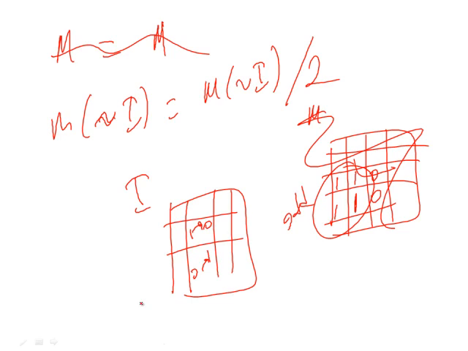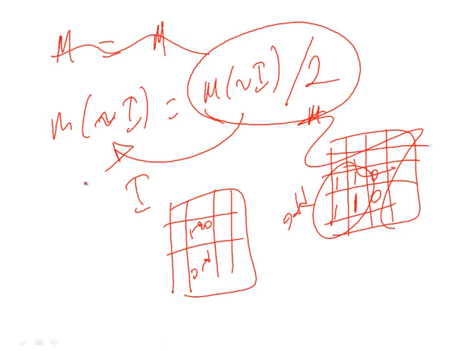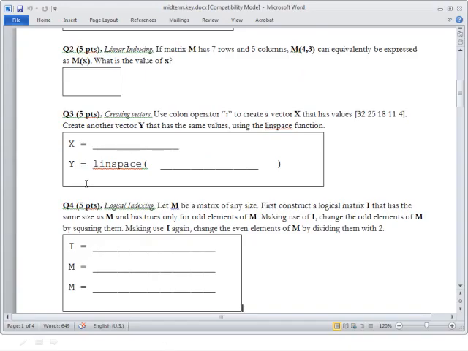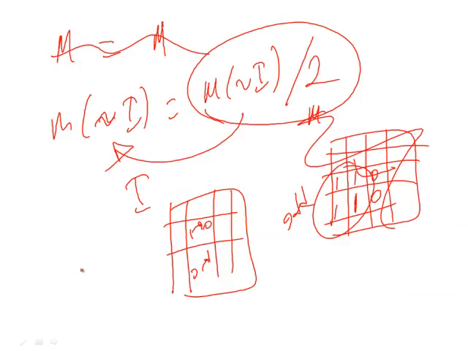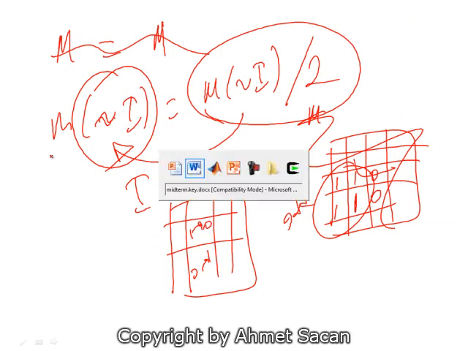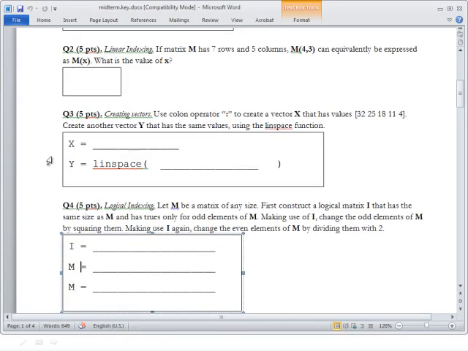So effectively, you are indexing the even elements in your matrix. You are calculating the even elements divided by 2, and you are storing them in the same place. Okay? So a lot of you missed this indexing on the left-hand side, and I did not cut off any points for that, since the way that the answer was set up was sort of misleading. Okay?